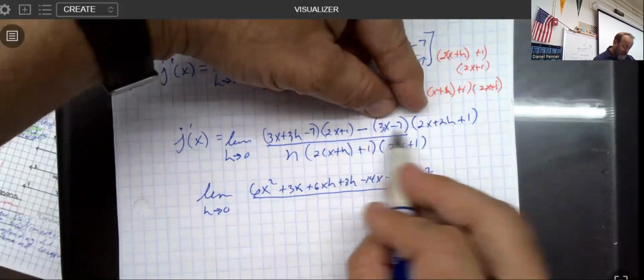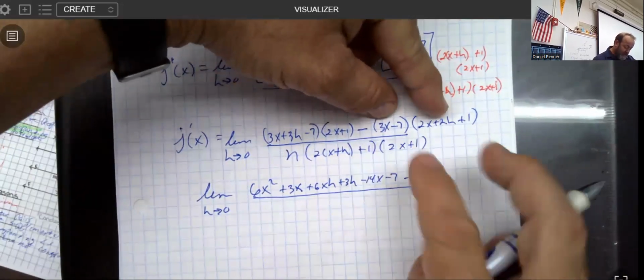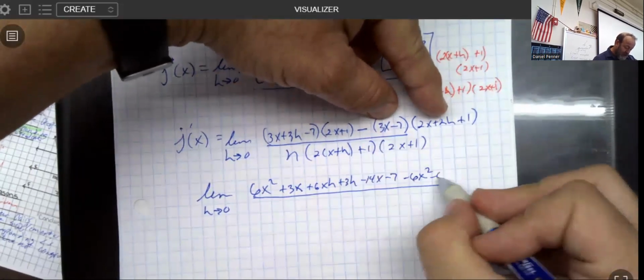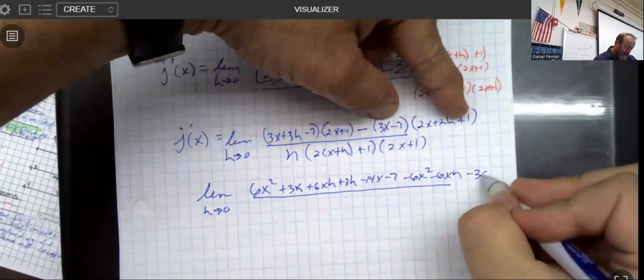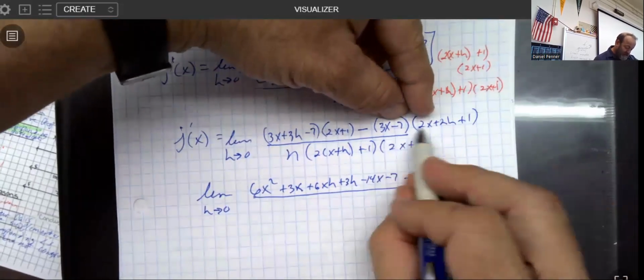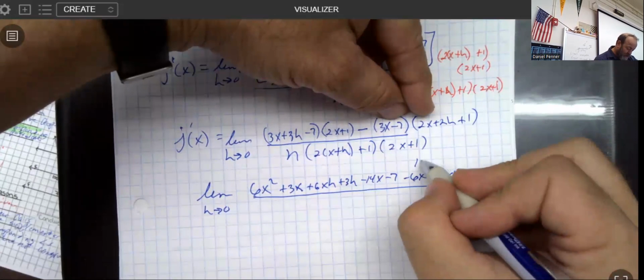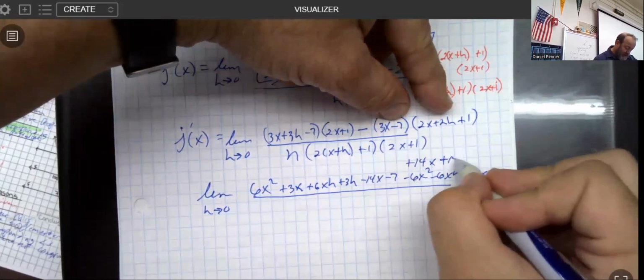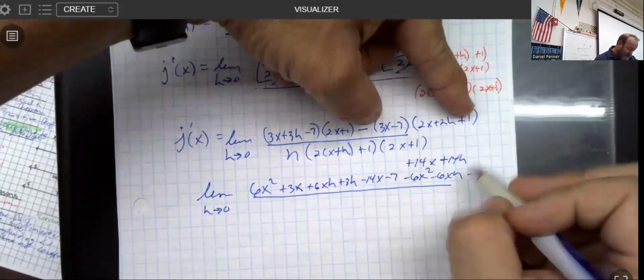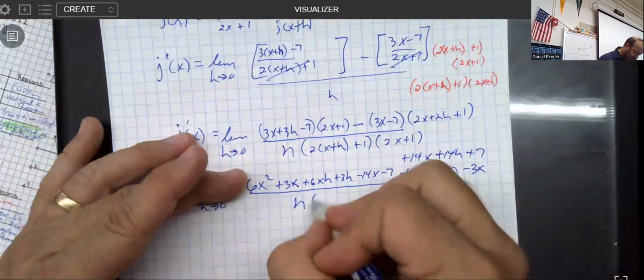So I got 6x squared with a negative. I got a 6xh with a negative. I've got a 3x with a negative. Running out of room. I got negative 14x with a negative, so that's positive 14x. I got negative 14h, so positive 14h. Negative 7, so a positive 7. And all of that is over all of this mess.